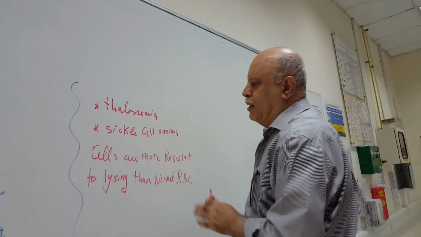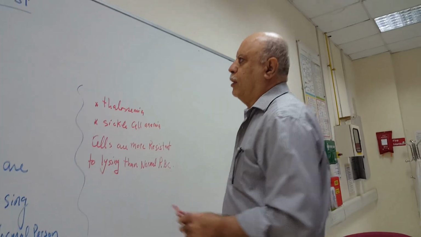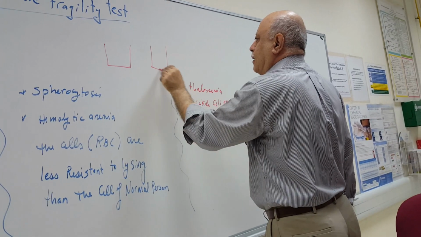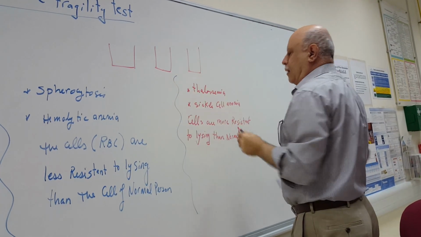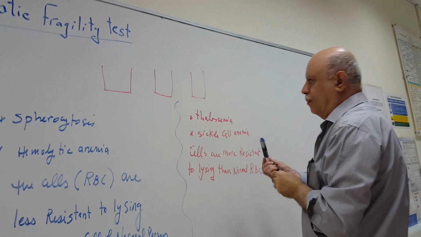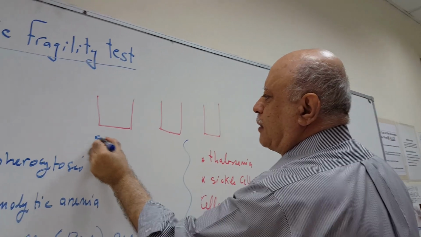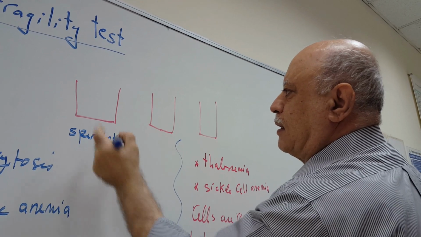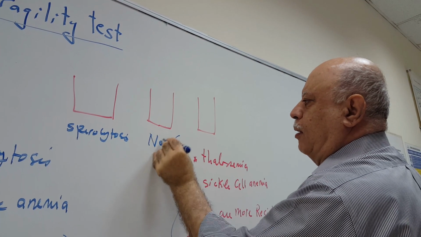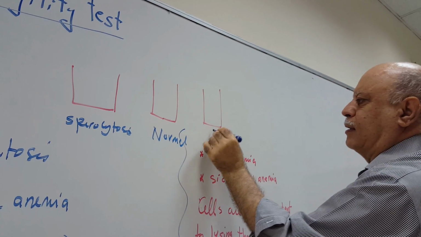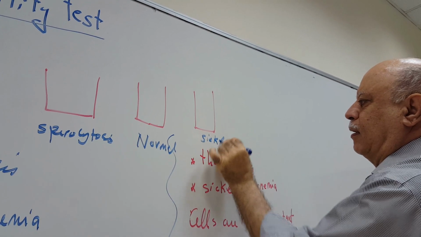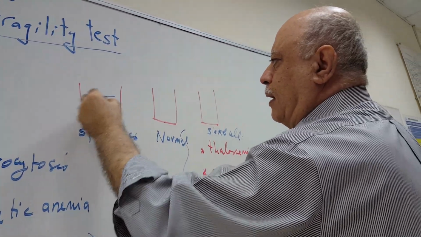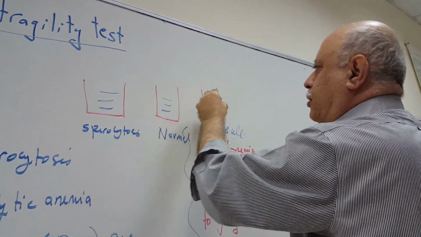So in other words, if we have three types of cells, a person here with spherocytosis has a spherocyte, here is normal, here sickle cells. If we put these in hypotonic solution here.